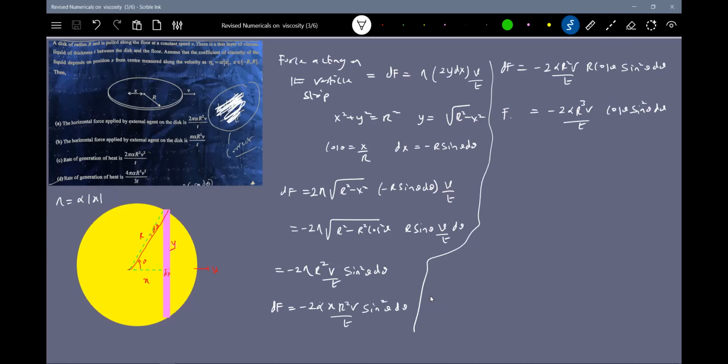Already I defined twice, here 0 to pi by 2 only. I'll get force acting on the right off. I took 2 here. So 0 to pi by 2, the force acting on one off, I'll write it. Total force will be twice of this. Anybody just integrate and give me the value.